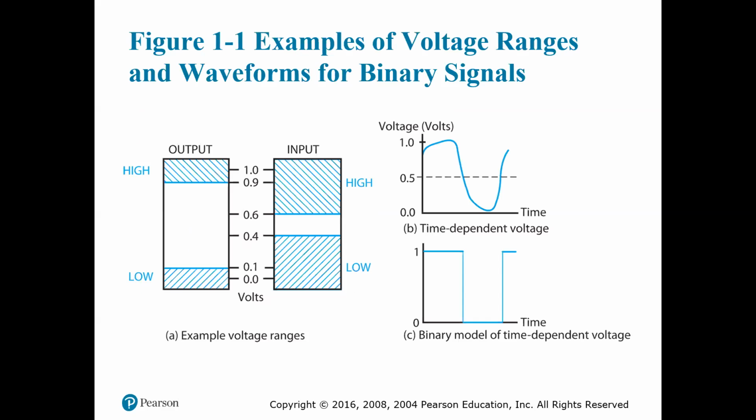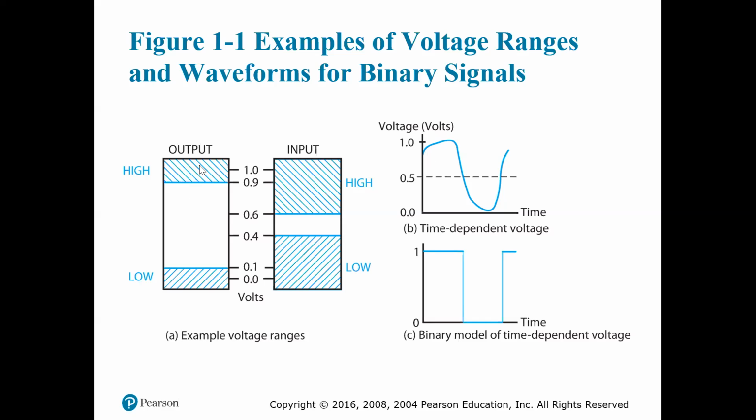Let's take a look at this example here, which is examples of voltage ranges and waveforms for binary signals. We have an analog signal that looks something like this, and this is an extremely fast signal. So how do we know it's extremely fast? Look at the slope. It is very easy to distinguish the high value and the low value, and it looks very much like a digital signal.